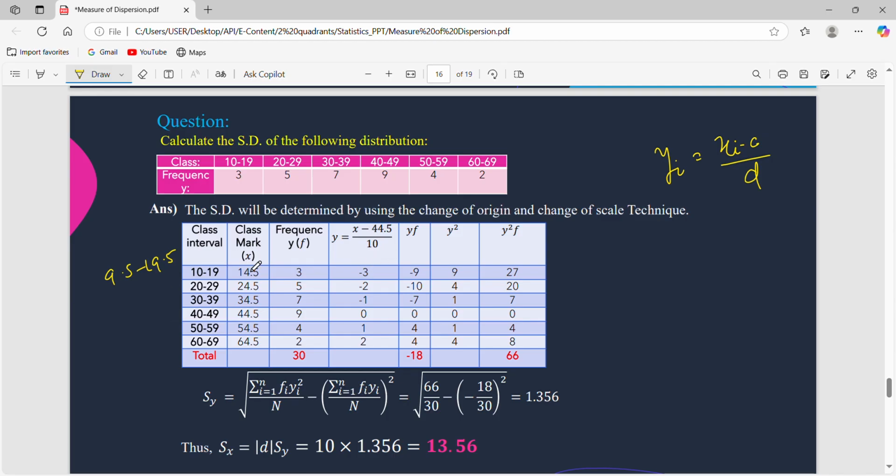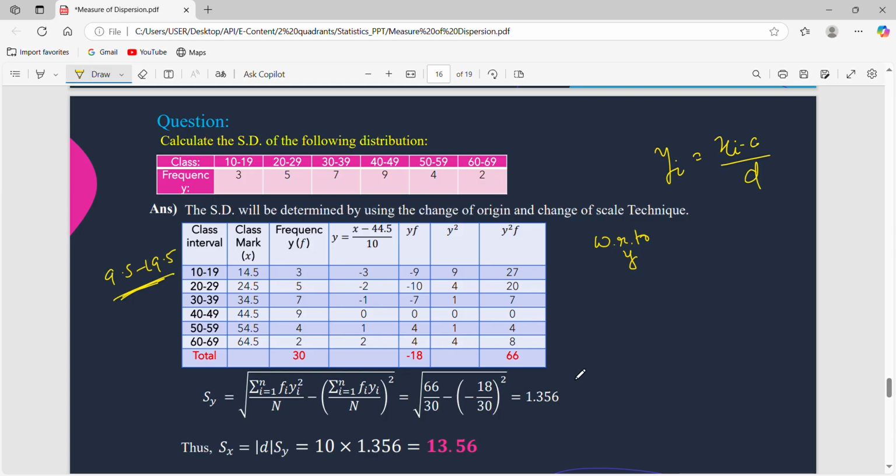I've skipped one column here, that is class boundary. Again I repeat, whenever you practice in your copy, you must add one column, class boundary. Okay. So y equals x minus 44.5 divided by 10. Why 10? Because the difference here is 10. Next are yf, y square and y square f. First we have to find with respect to y, then with the help of the formula we find it for x.